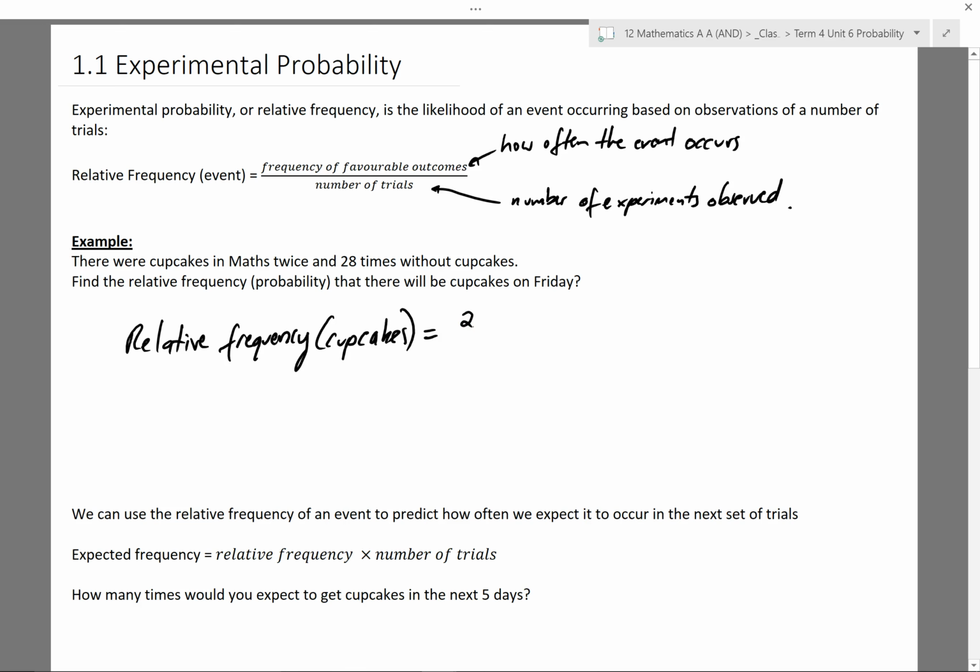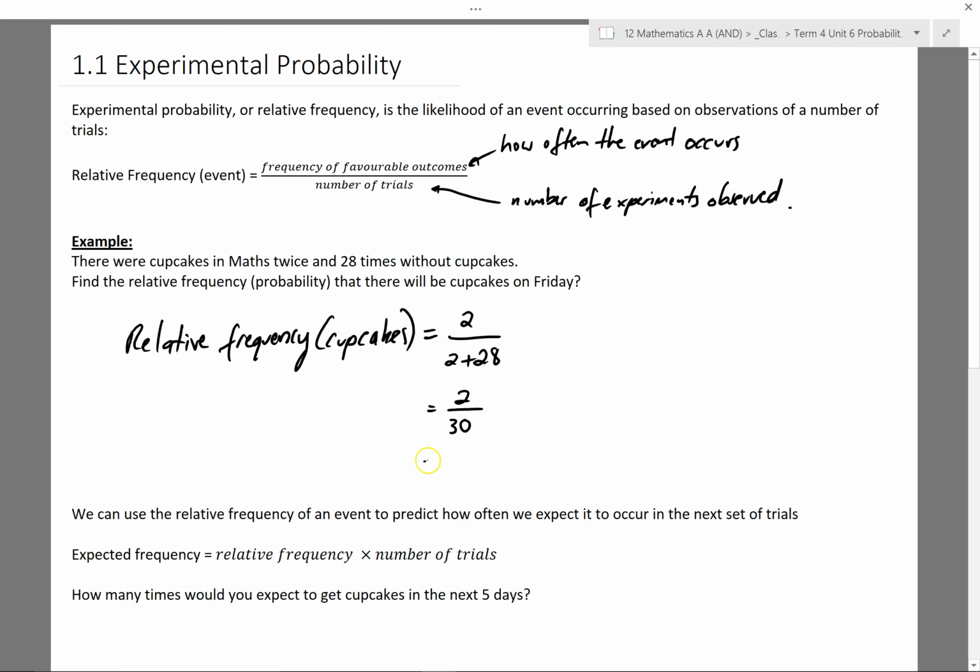And how many trials were there? Well, if there were 2 times with cupcakes and 28 without, I need to add these together to look at how many trials I had altogether. So 2 on 30.